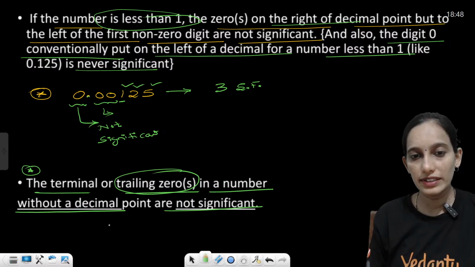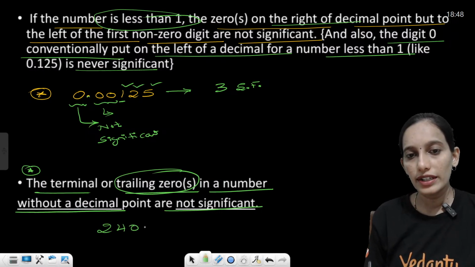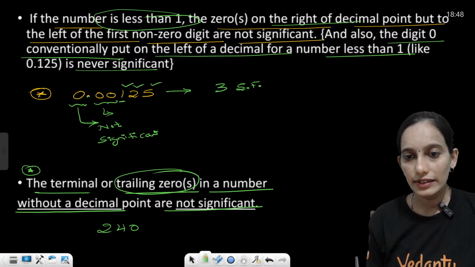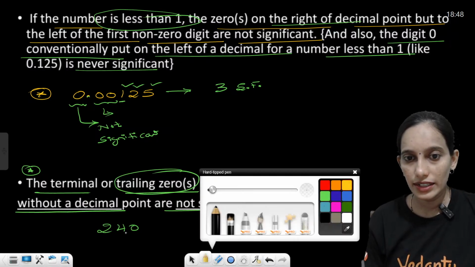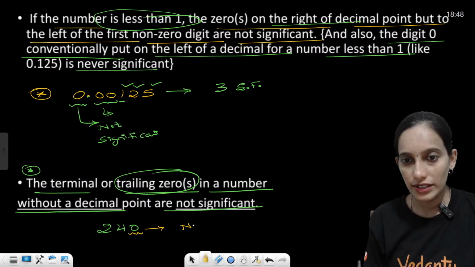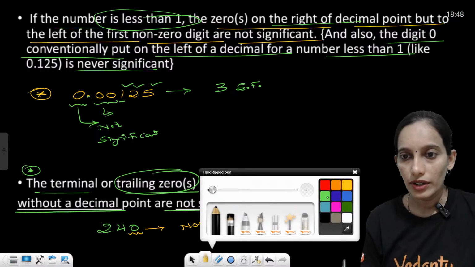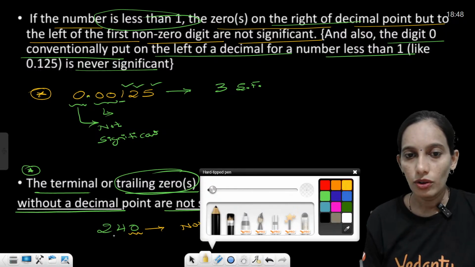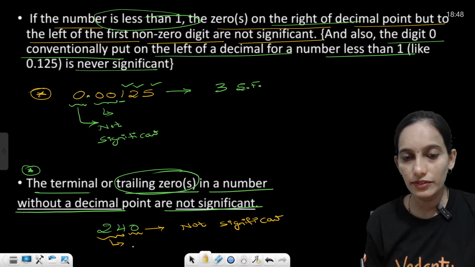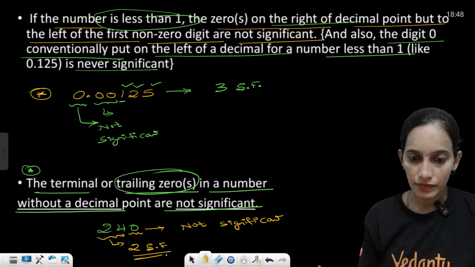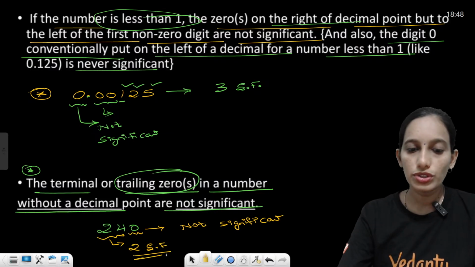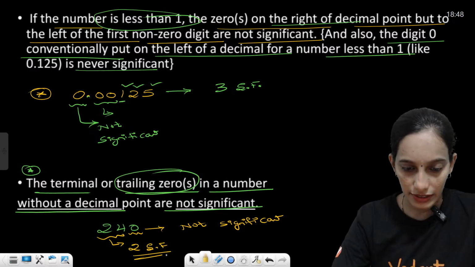For example, if I say 240, this 0 is not significant. Only these two are significant. So I can say 2 significant figures. Is that clear? Hope you're following.